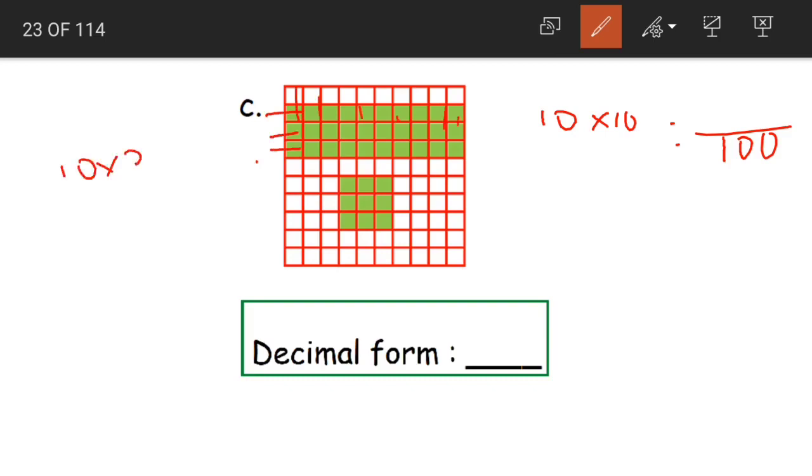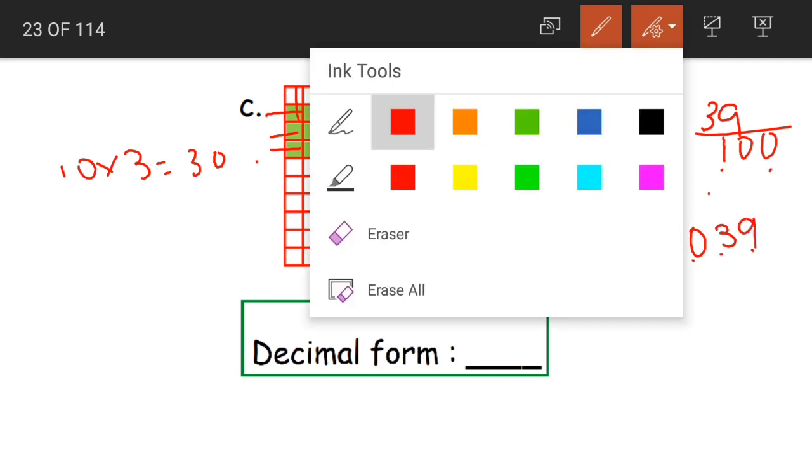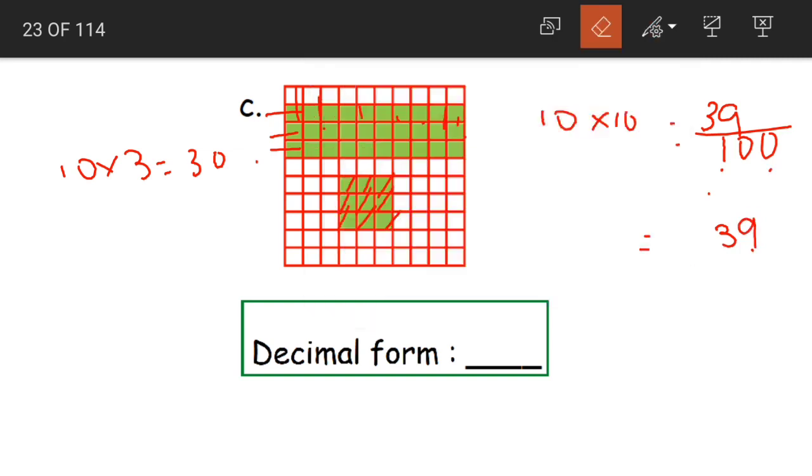So 10 into 3 becomes 30. 30 are shaded here. 30 plus 31, 32, 33, 34, 35, 36, 37, 38 and 39. A total of 39 squares are shaded out of 100. Now how will we write it in decimal form? As the denominator is a 3-digit number, we are writing the numerator also as a 3-digit number.